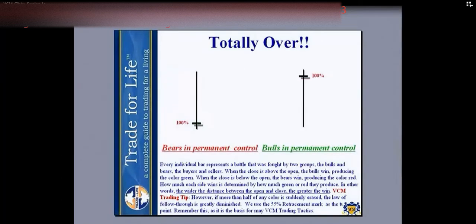Right. Now, if they can actually take 100%, if they can do this to the bar, if they can erase the entire bar that used to be, you now know that it is totally over. The dominance has traded hands. The other side has stepped up. What once was a solid red bar has been 100% erased.